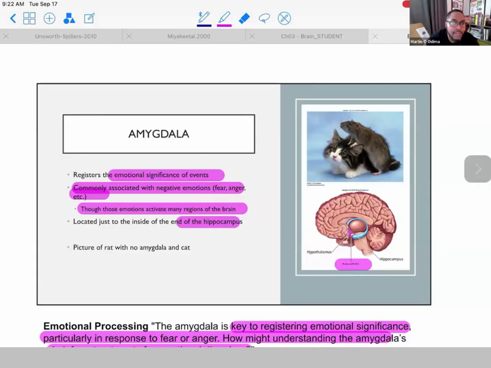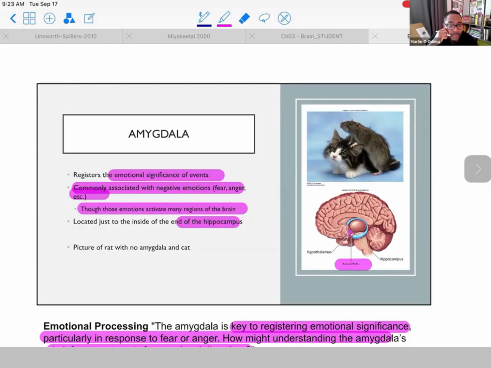The next thing I'm going to talk about is the amygdala. The amygdala registers the emotional significance of events and is commonly associated with negative emotions, so fear, anger, things like that. Through those emotions, it activates many different regions of the brain. The amygdala is located just inside the end of the hippocampus. This shows a picture of a rat with no amygdala and a cat.